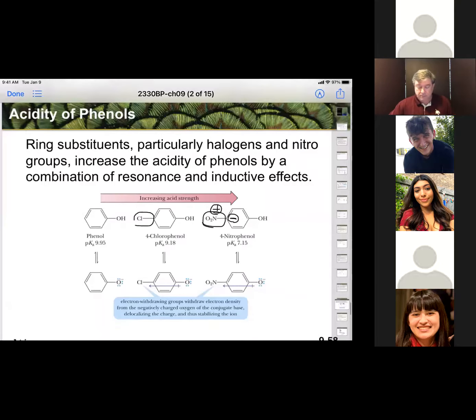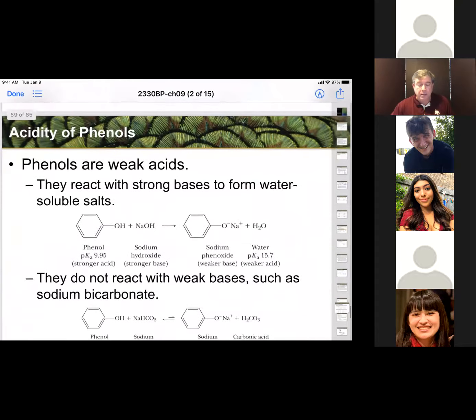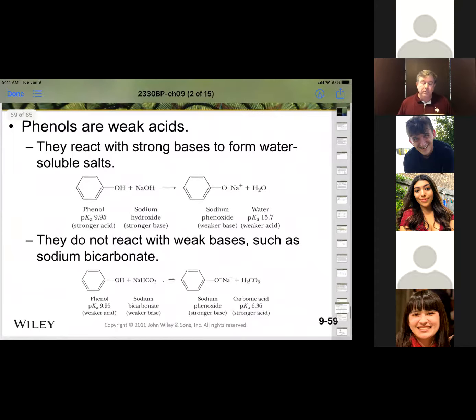Okay, here we go. So phenols are weak acids, but they're stronger acids than alcohols. We can use that to our advantage, because we can actually use sodium hydroxide to deprotonate that phenol.